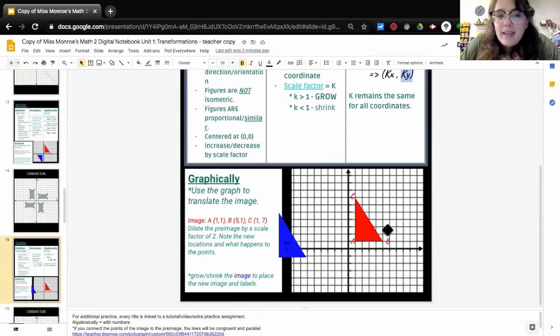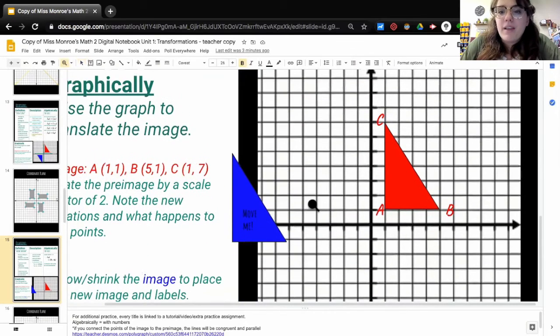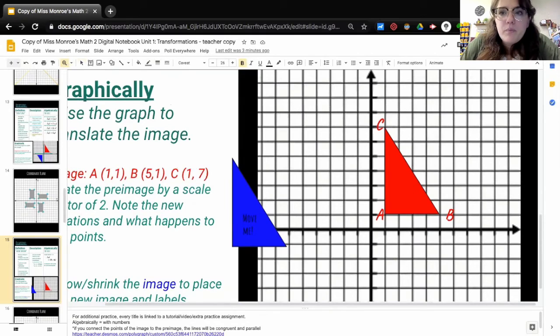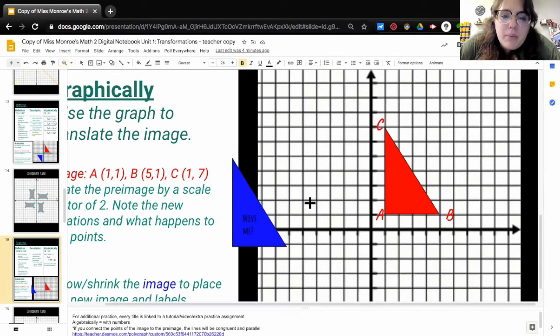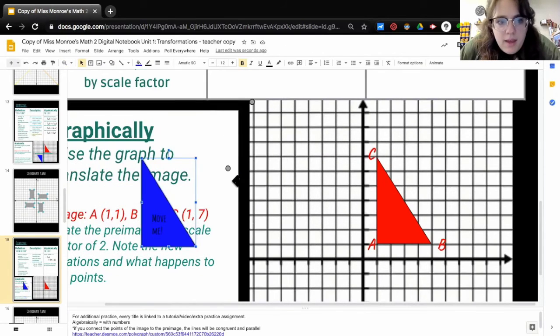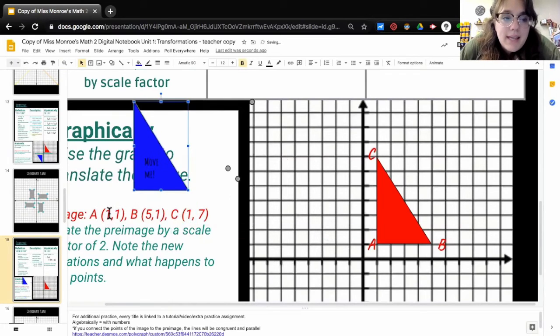So for this, it says dilate the pre-image by a scale factor of 2. I'm going to zoom in here to show this one off a little better. I'm going to input little dots. My A is at 1, 1.